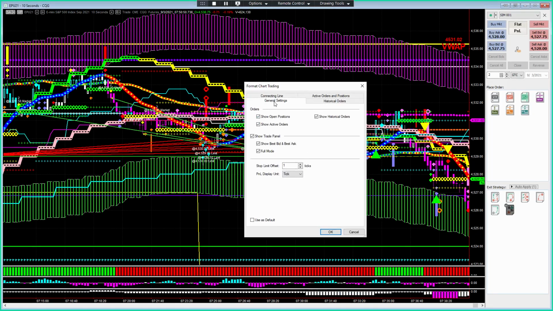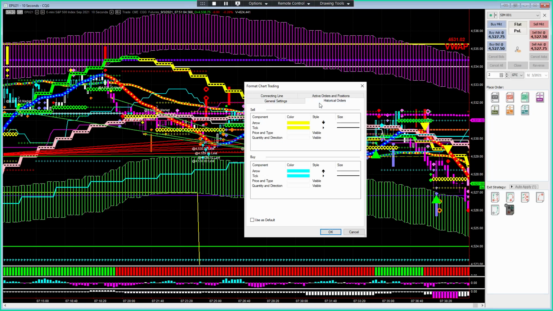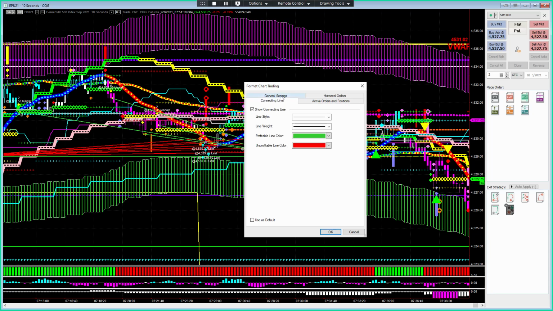General settings is showing active and historical orders in open positions. That's how you get all the active orders. And then historical orders you can adjust the formatting of, but those diagonal lines that you're referring to are called the connecting lines. So go into the connecting line tab, enable them, and then set the weight.